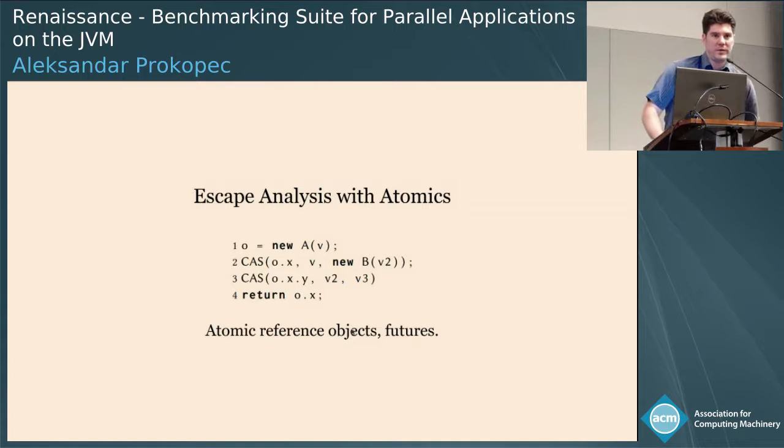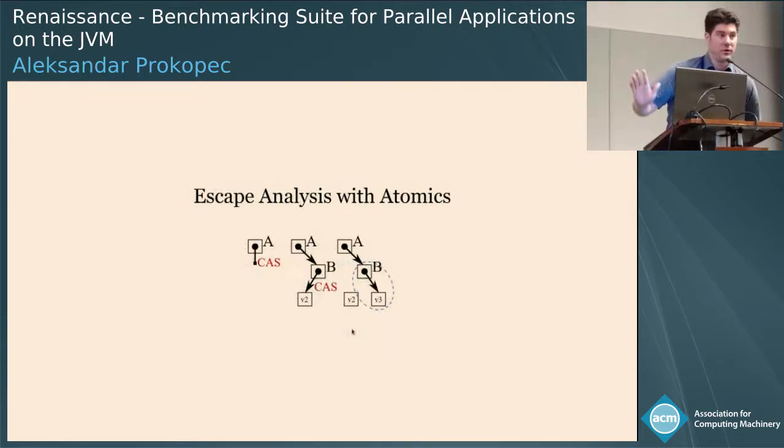And here's one example program, a very low-level representation of a program where this happens. I have a figure to illustrate this. You start off with an object that you just freshly allocated, and then you do a compare and swap to write another object into this original object, and then you do yet another compare and swap to make the second object point to a new value, and in the end you return this thing in the blue circle, this object B. Well then, if you didn't share A with any other thread, there's no need to execute all these expensive compare and swaps and allocations.